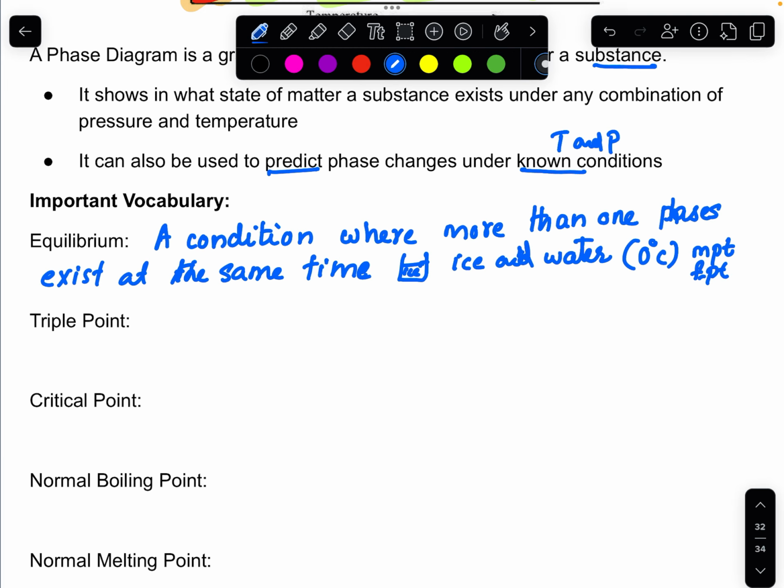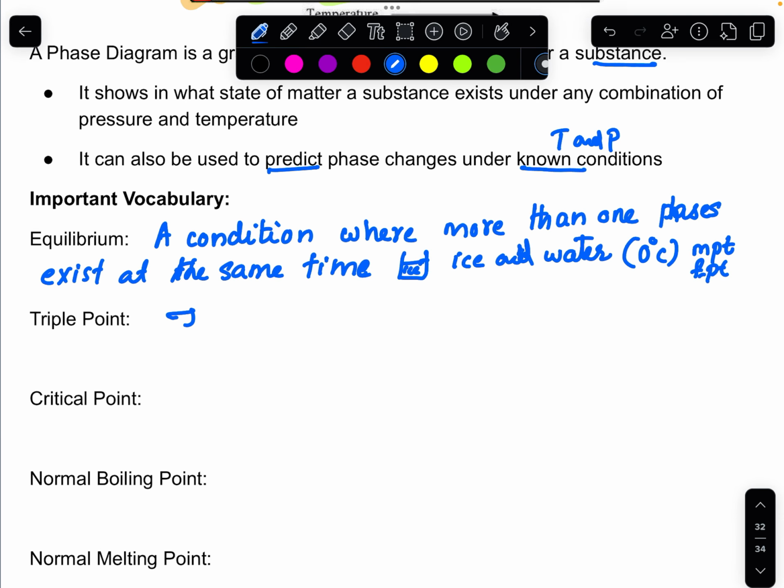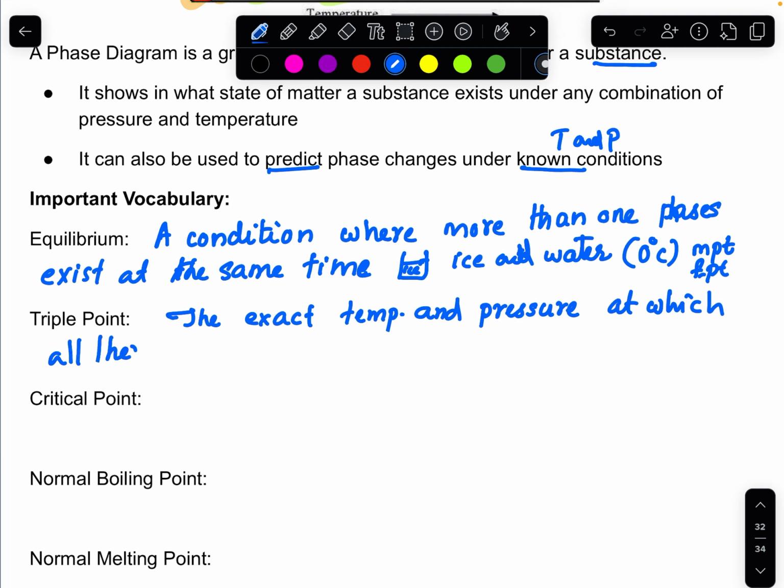That means it is a value of pressure and temperature, the exact temperature and pressure at which all three phases, like what are the three phases?